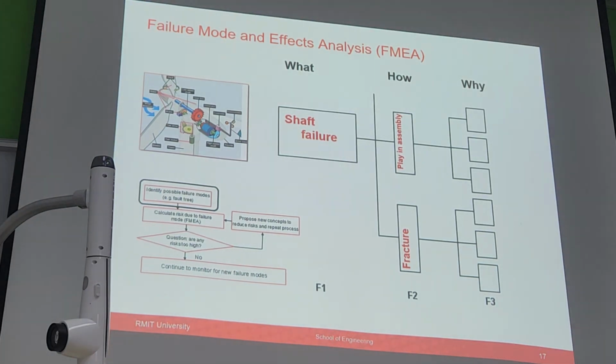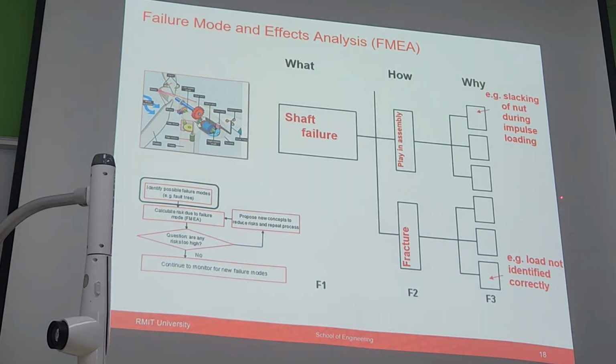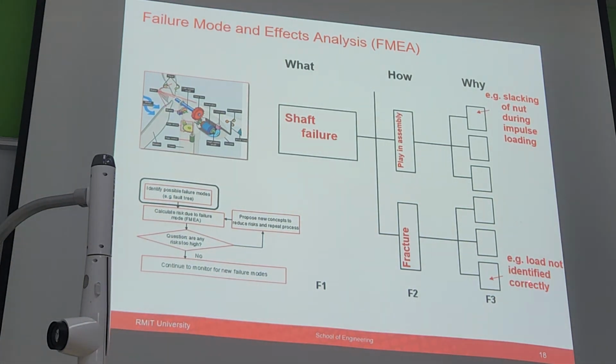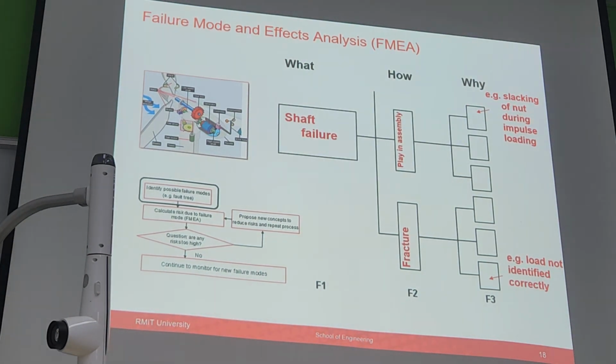So based on the how, why was it caused? It means what? Why was it caused? You see, a slackening of the nut during impulse loading, or the load not identified correctly. It means it happened. You put it in the why.